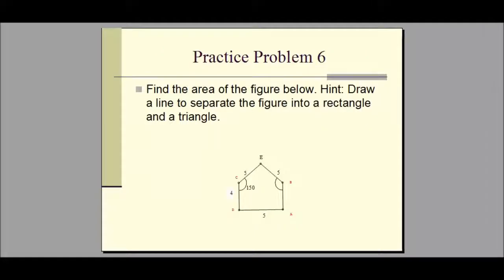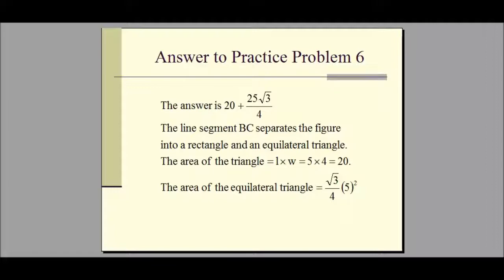Here's practice problem 6. Find the area of the figure below. Draw a line to separate the figure into a rectangle and a triangle. The answer to practice problem 6 is 20 plus 25 square root of 3 over 4.